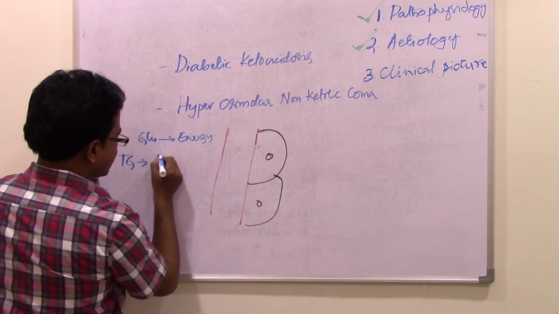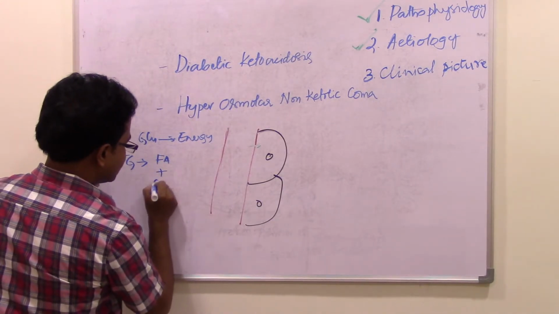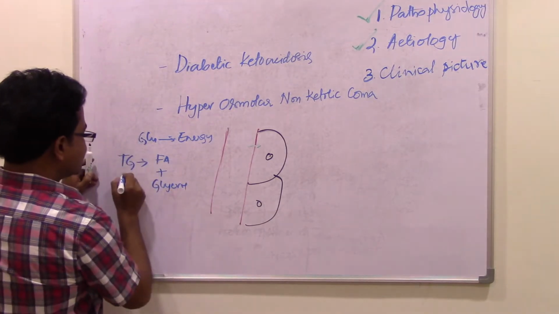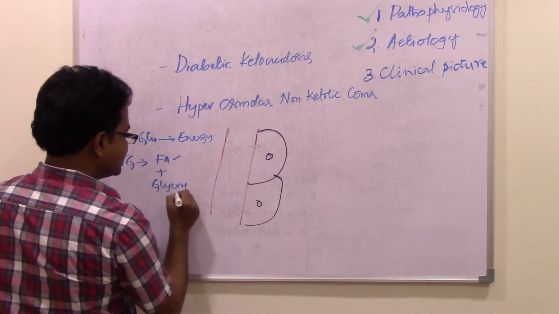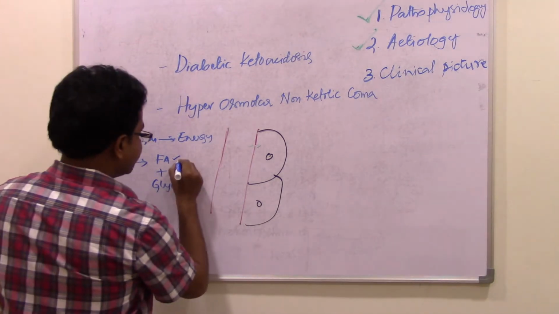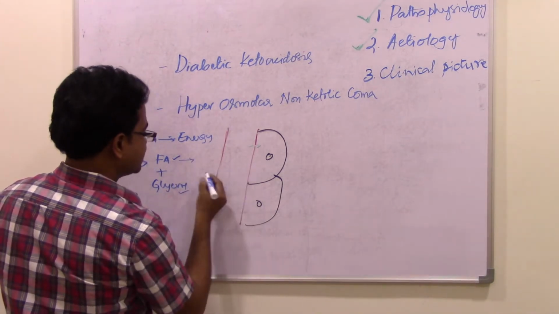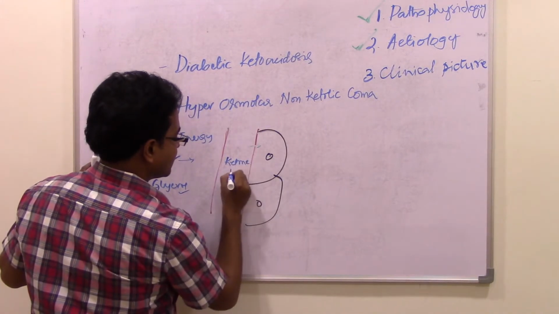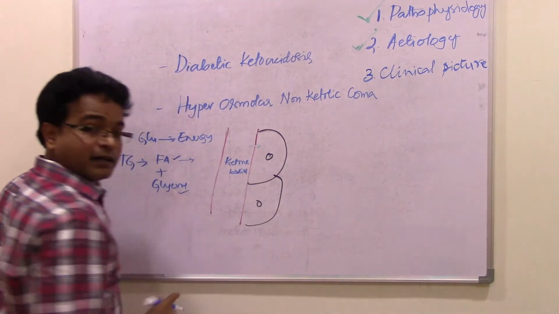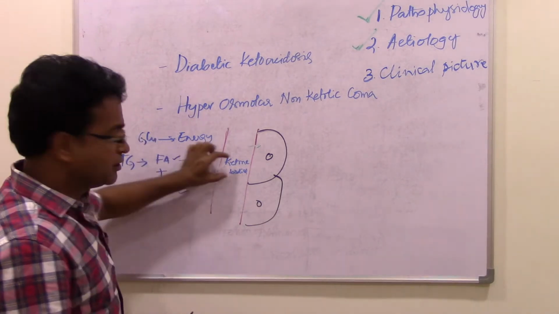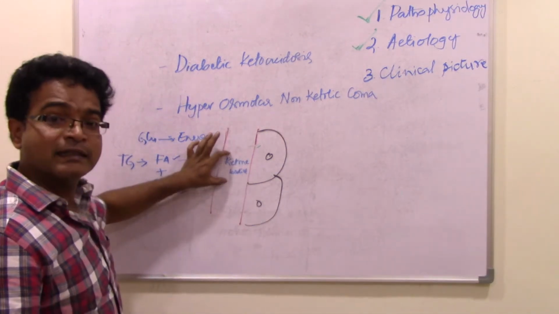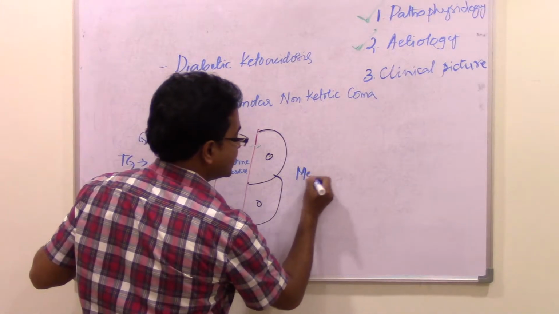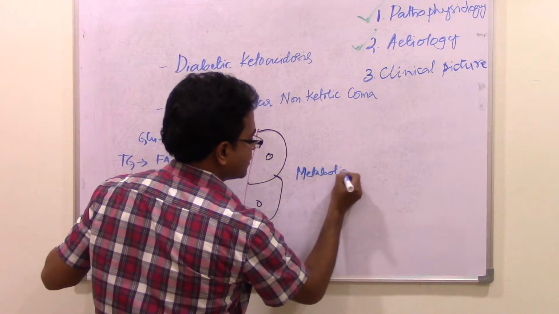Triglyceride is what? Fatty acid plus glycerol. So the triglycerides break down into fatty acids and glycerol. These fatty acids further break down by oxidation and lead to what? Ketone bodies. Right? Oxidation of fatty acids leads to ketone bodies, and they in turn cause what is known as metabolic acidosis.